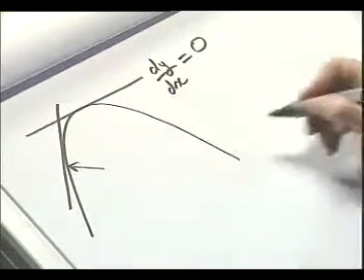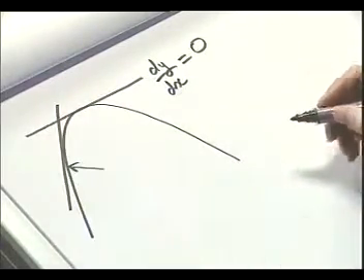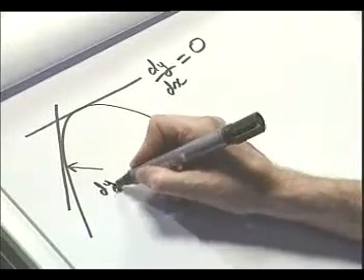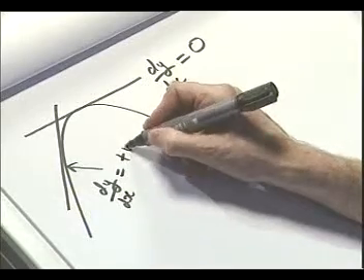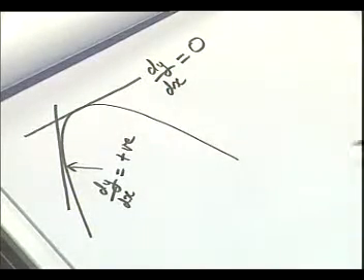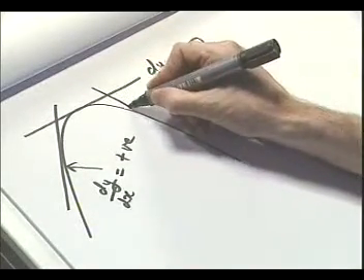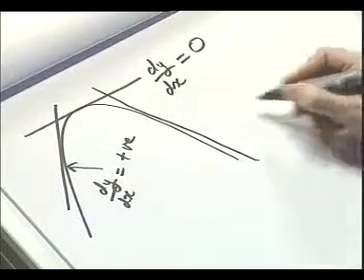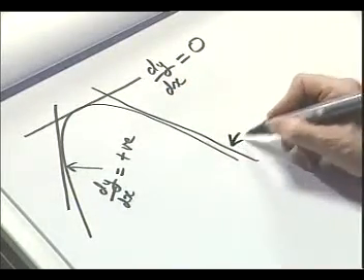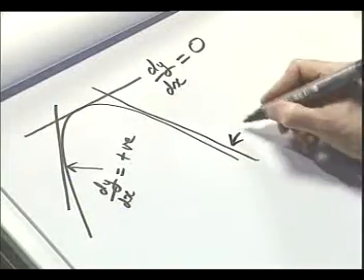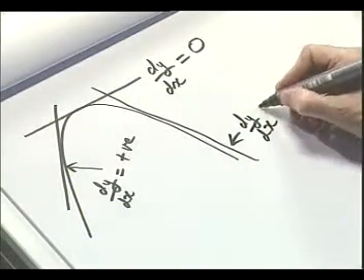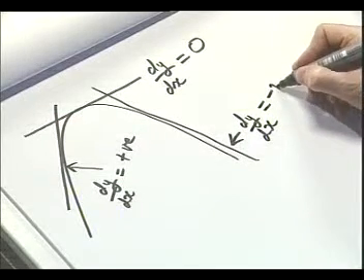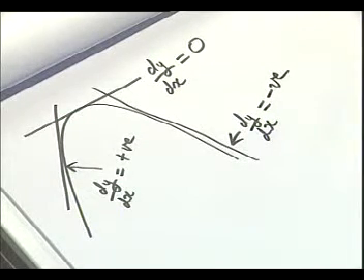We can see that we've got a line which has a positive slope to it, and so dy by dx is positive there. Now let's take somewhere just past the point, and we can see we've got a tangent where the slope is negative, and so dy by dx is negative.